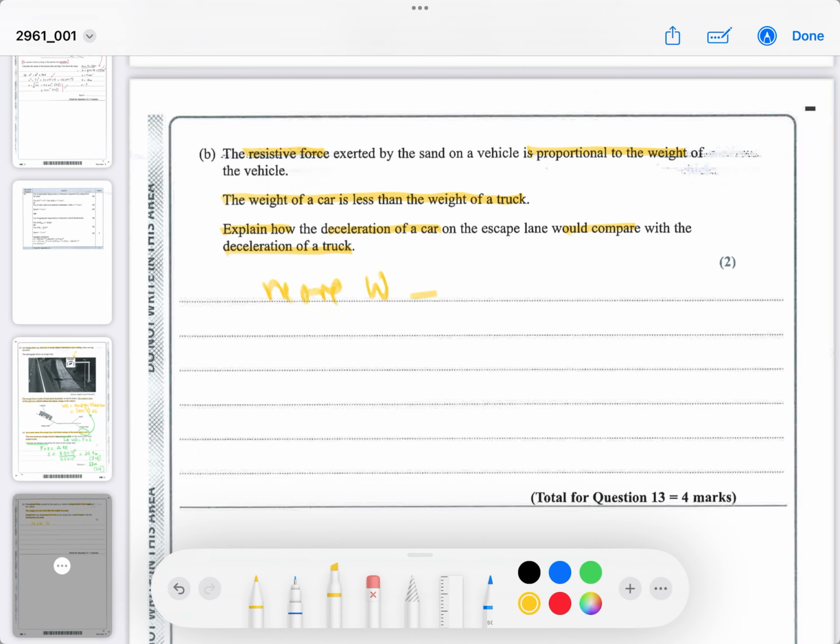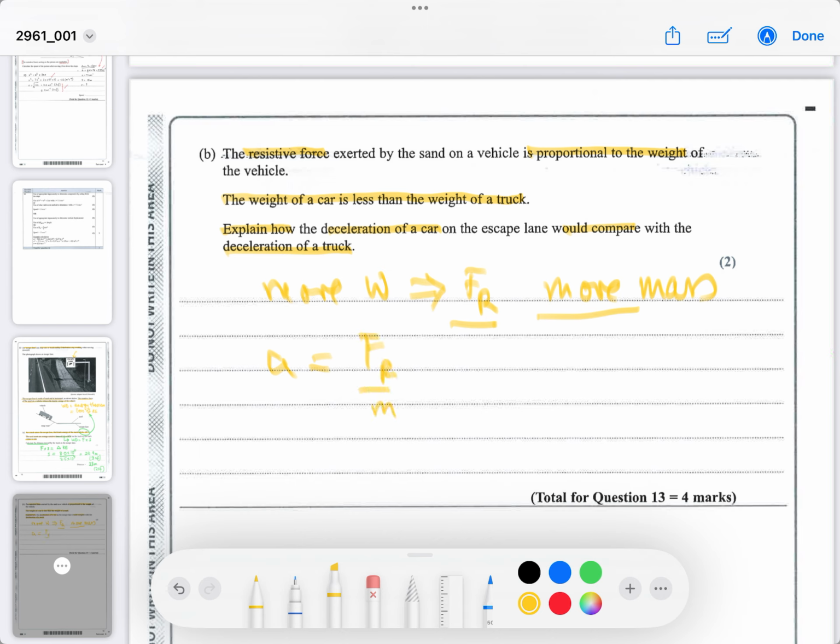it follows that you'll get more resistive force, but you also have more mass. So although you have more weight and therefore more resistive force, you have more mass. The deceleration will be equal to the resistive force divided by the mass.